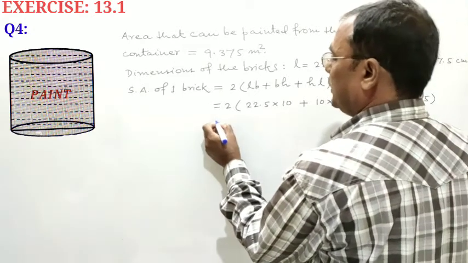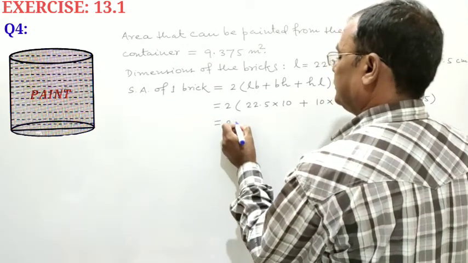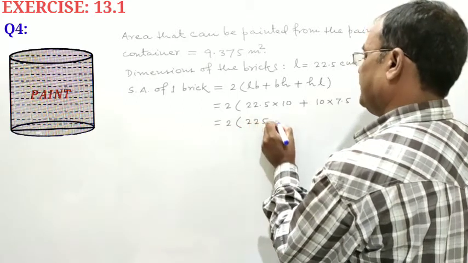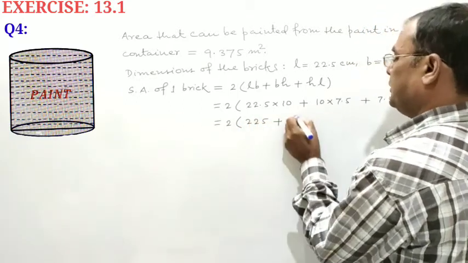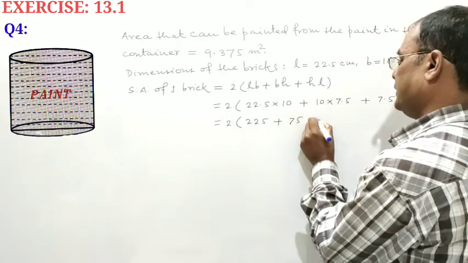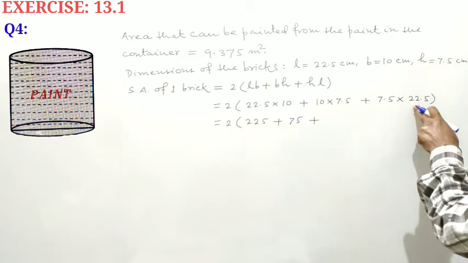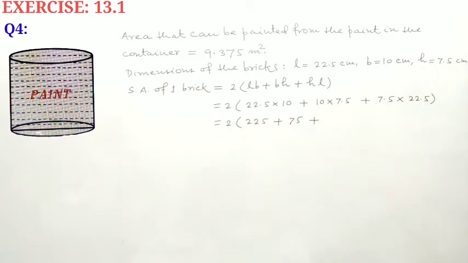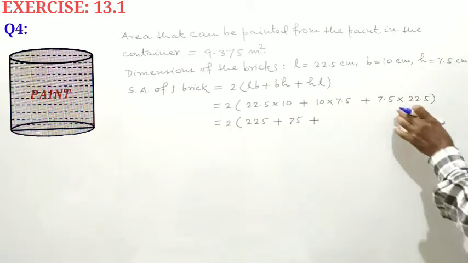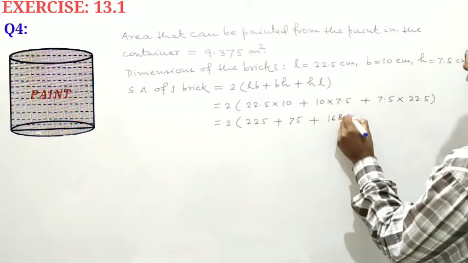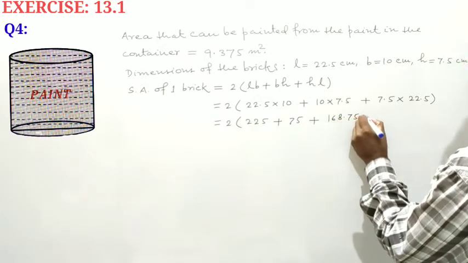This is equal to 2 into 225 plus 75 plus 7.5 into 22.5, it is 168.75.